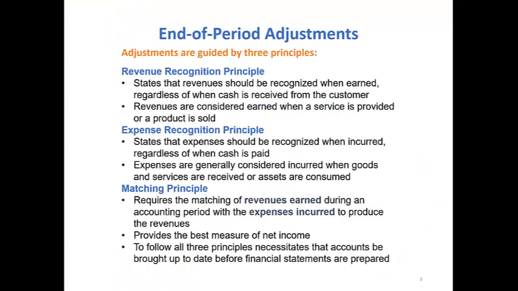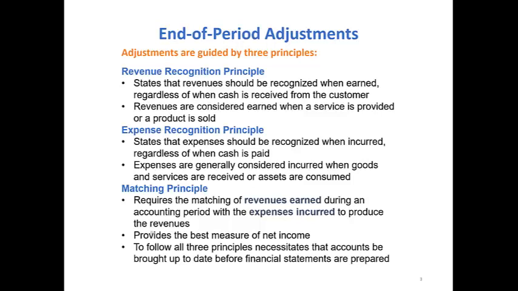The adjusting entries that we're going to be performing in this chapter are guided by three accounting principles. The first is the revenue recognition principle. It states that revenue should be recognized when it's earned, regardless of when the cash is received from the customer.